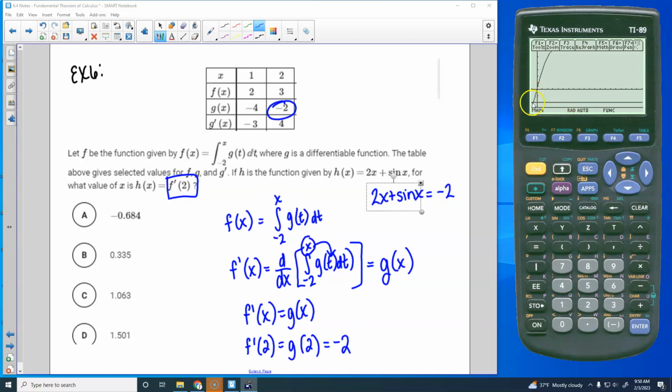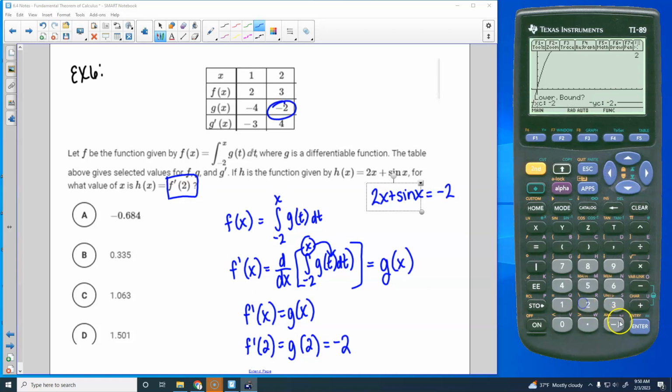And actually, just looking at my answer choices, which one's going to be right? It should be the first one, because it's the only negative value I've got. But let's find that value exactly. So if I do F5, and I want to know the intersection, which is number 5. When you do intersection, it's going to say first curve, and as long as you've only got two equations in, it should work fine. Just hit enter, and second curve, enter, and then for the lower bound, you can just type in numbers.